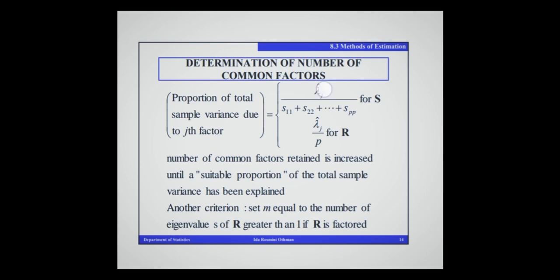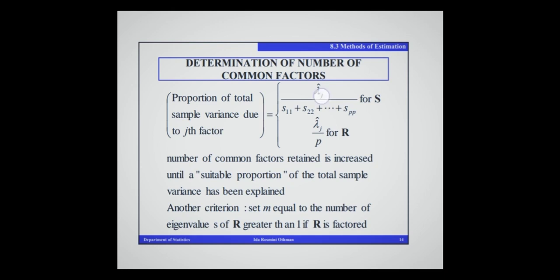The eigenvalue for each of the factor divide dengan total of the variance. Kalau gunakan correlation, the eigenvalue tadi for every factor divide dengan p. So remember macam mana you nak conclude how many factor that can we choose from the proportion of the total sample variance. You can check untuk setiap factor.